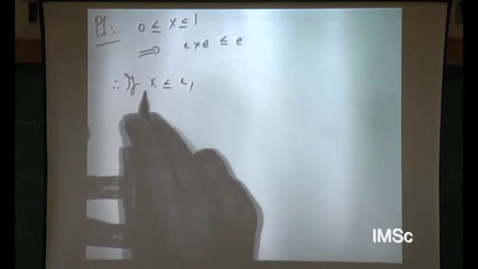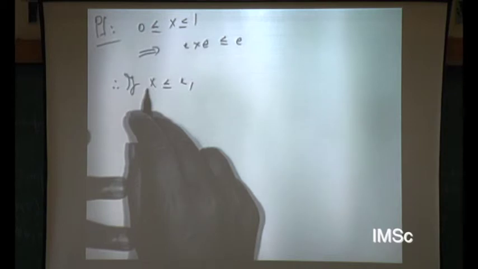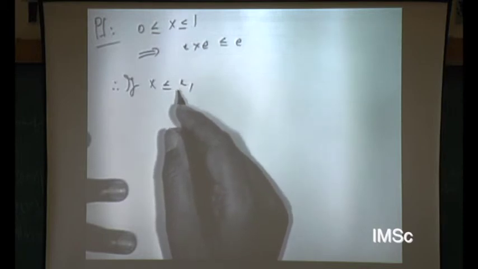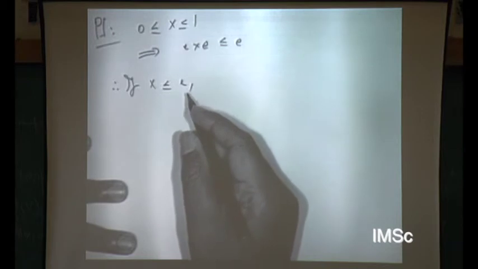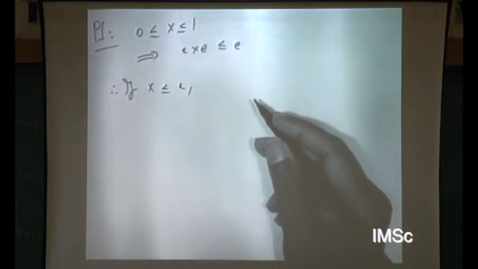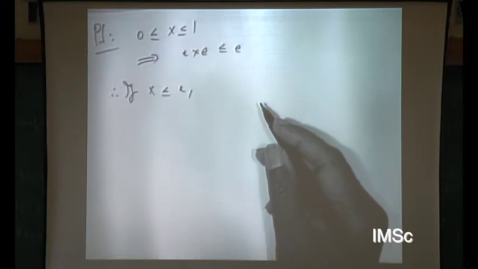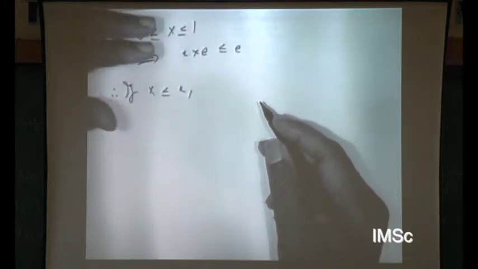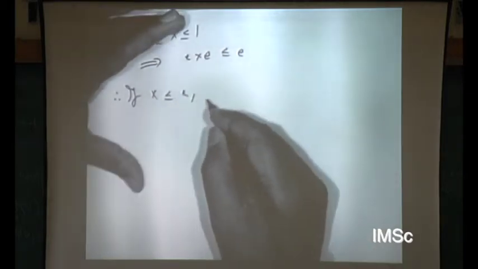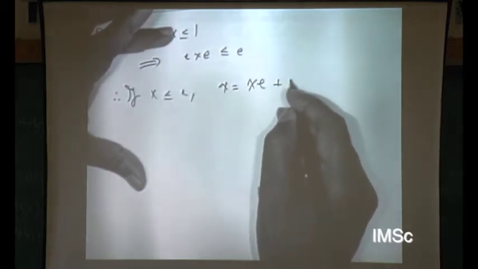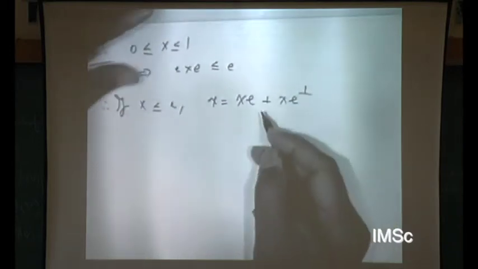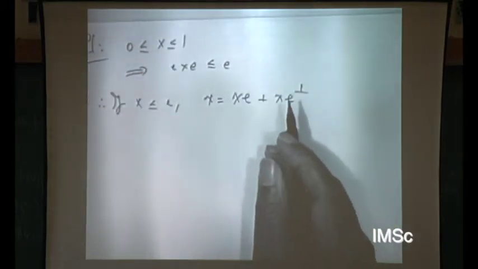then, what do I have to do? I want to prove that x equals xE. What does it mean to say that x equals xE? See, x equals xE plus xE perp, because E plus E perp is 1.